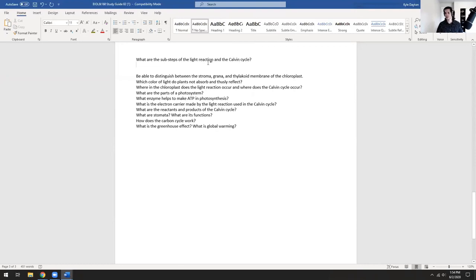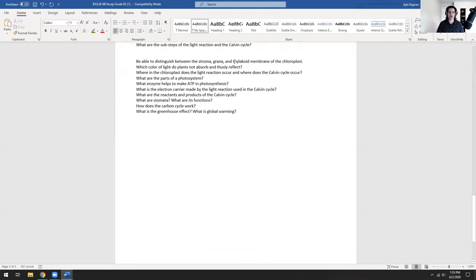So light reaction, that's where you're harvesting light energy to create the intermediate potential energy, so the ATP and NADPH. And then Calvin cycle, that's where you're going to fix all that carbon that you're pulling in from the atmosphere, and you're going to use that ATP and that NADPH that you gathered from the light reaction.